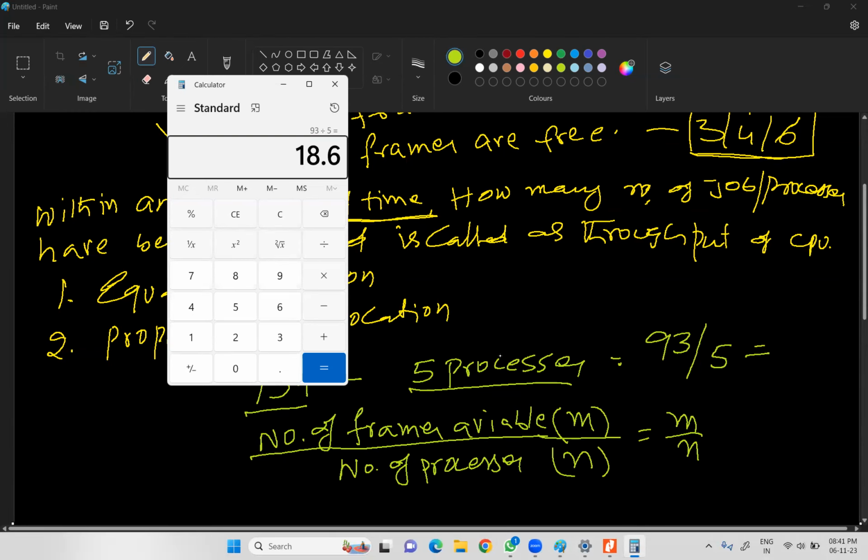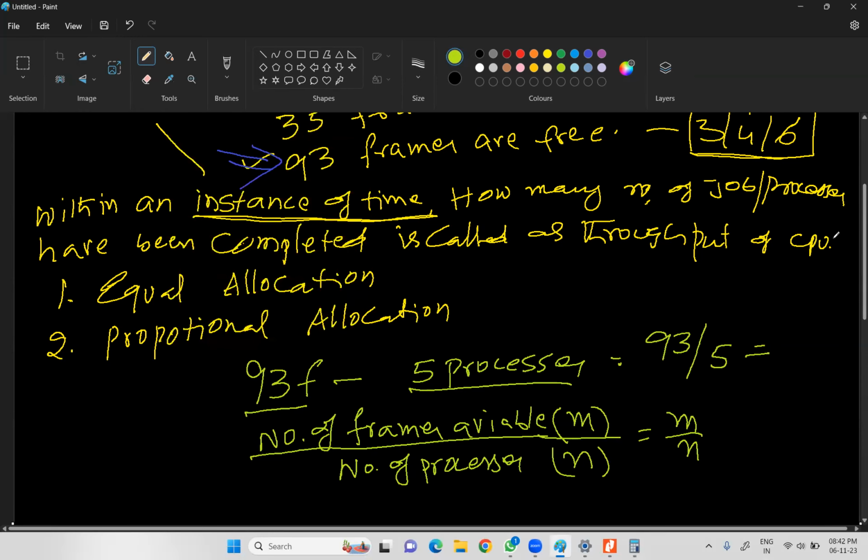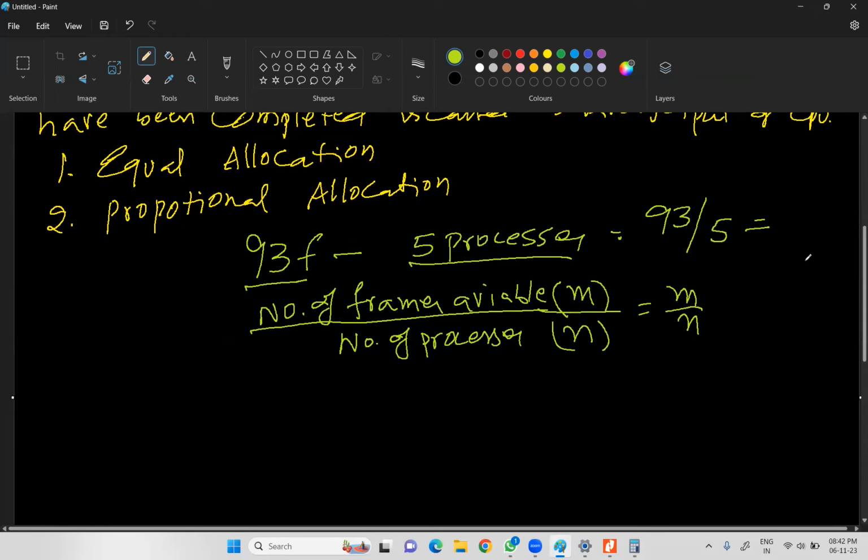Okay, so each of these 5 processes will be taken, which is 18.6. These are supposed to be allocated, but 0.6 could not be allocated here.